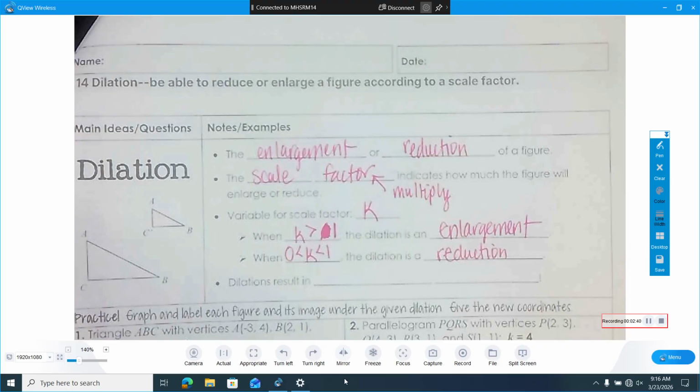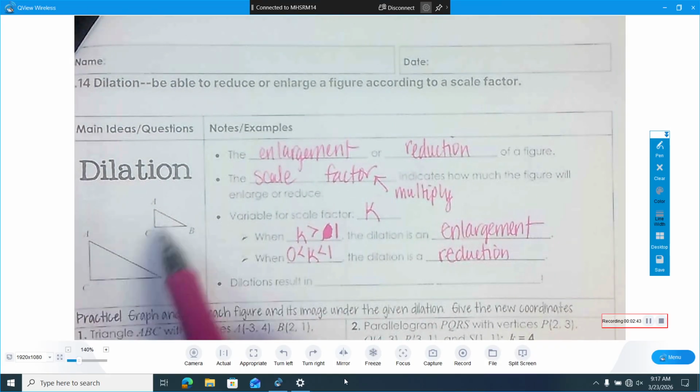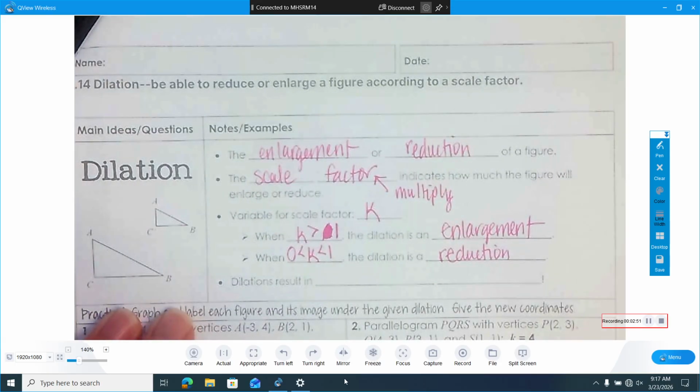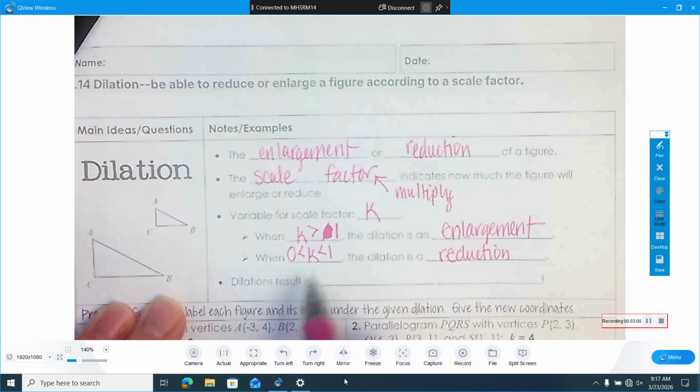So now this represents a dilation where we started with one size figure and our figure got smaller. What can you tell me about the K value if our figure got smaller? There's a reduction, so our K has to be between 0 and 1.